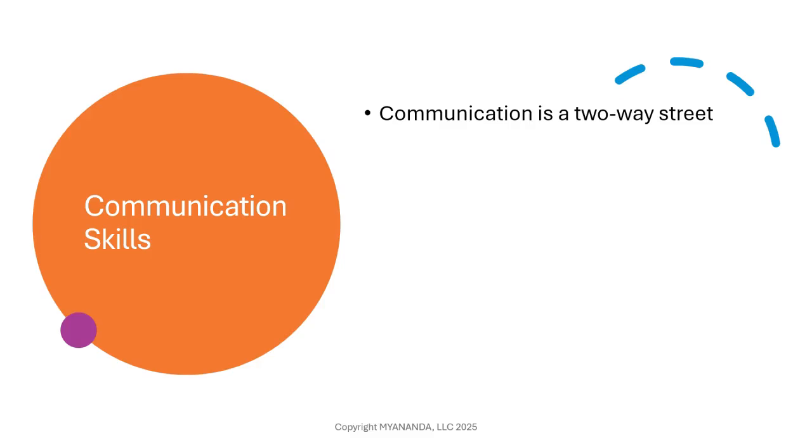When you're communicating, it's a two-way street. It's not just what you see in that person, but what you have in yourself to communicate with. The types of communication we have include nonverbal communication.